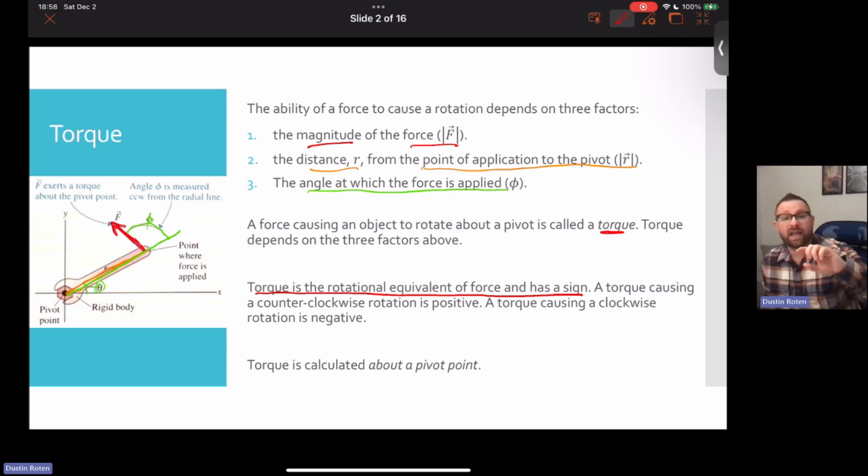A torque causing a counterclockwise rotation is positive, while a torque causing a clockwise rotation is negative. So over here, this force is going to cause a positive torque since it's going counterclockwise. And torque is always calculated about a pivot point. We do have a pivot point here; in this case, it's the bolt.